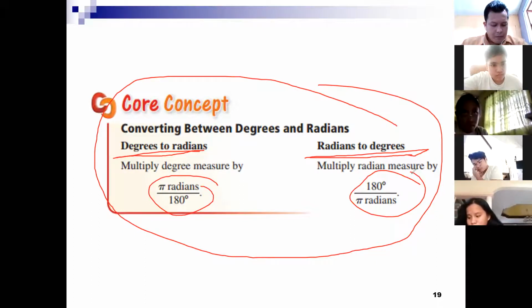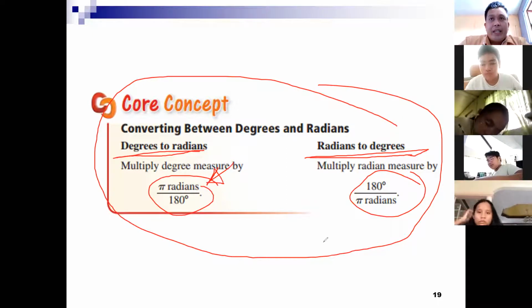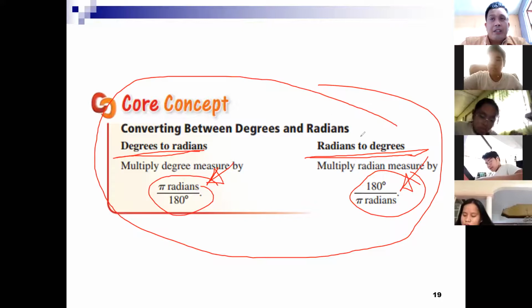Read your module. Somewhere in the bottom of the box, you have there conversions between degrees to radian. To convert degrees to radian, multiply the degrees by pi rad over 180 degrees, which is this one. And converting radians to degrees, multiply the radian by 180 degrees over pi rad.